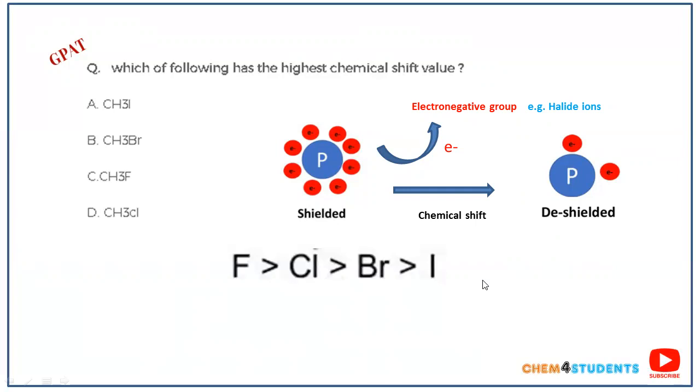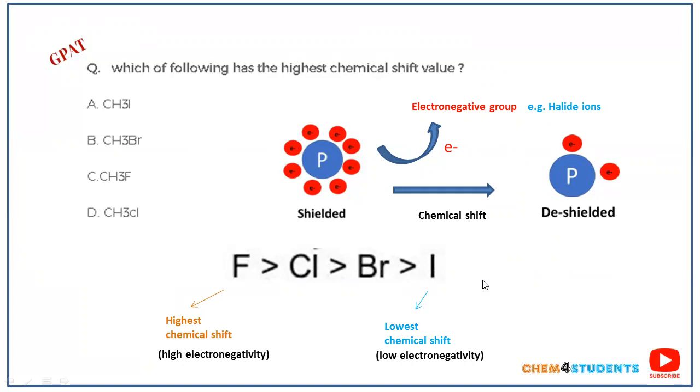But here we have different halides: fluorine, chlorine, bromine, iodine. Which one produces the highest chemical shift value? Fluorine gives the highest chemical shift value. Why? Because fluorine has the highest electronegativity, and iodine gives the lowest chemical shift value due to its low electronegativity.